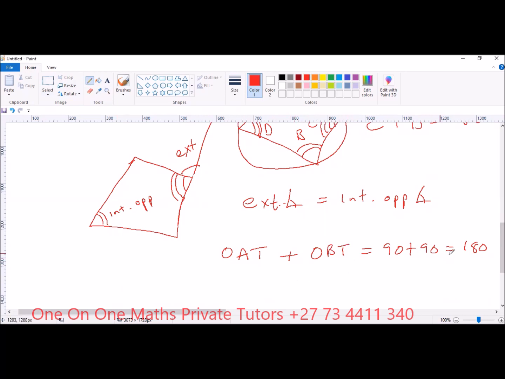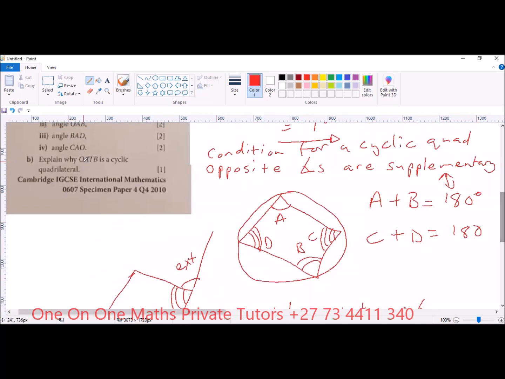Since opposite angles are supplementary, OATB is cyclic.